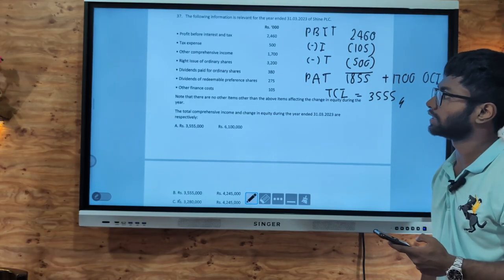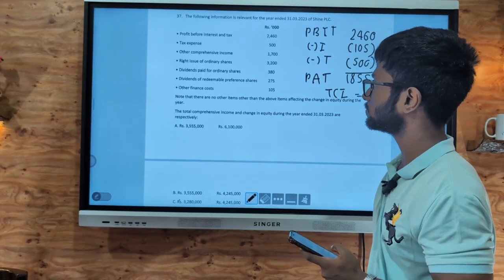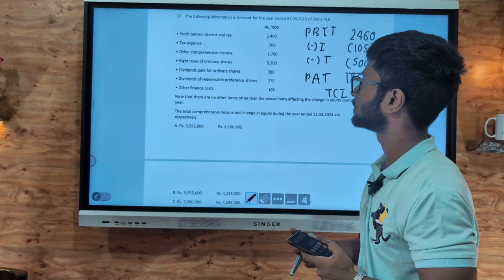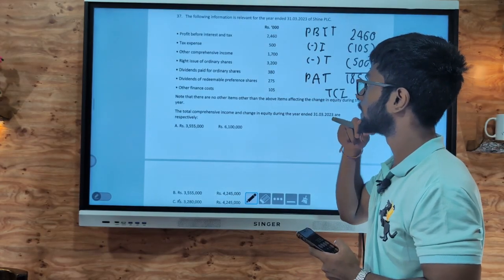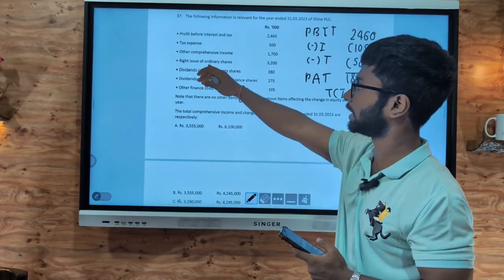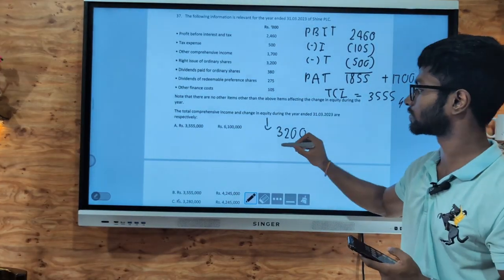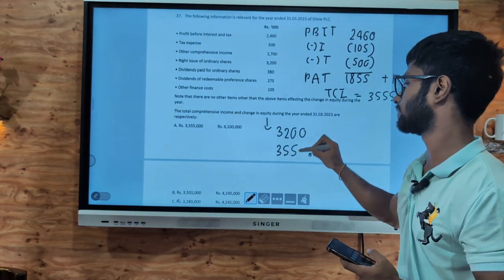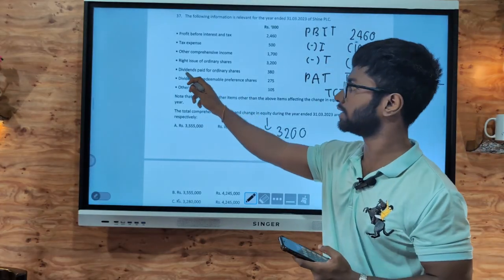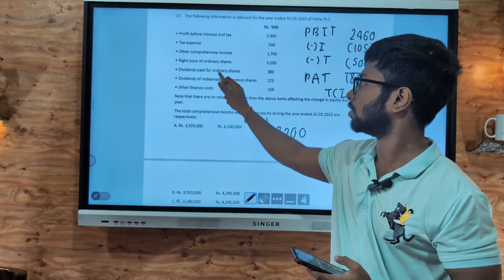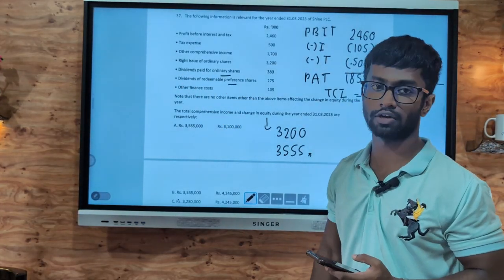And equity would be, keep in mind, currently we have the rights issue amount and a total comprehensive income of 3,555, and we have paid dividends to ordinary shareholders and preference shareholders.